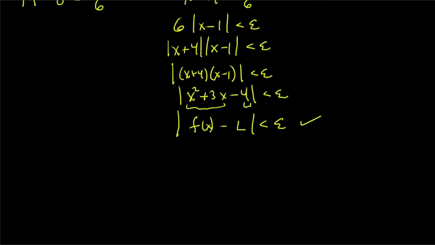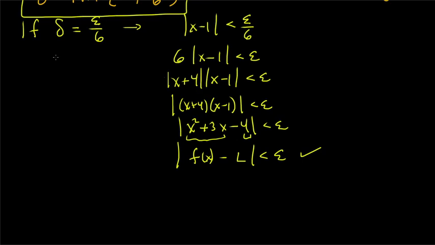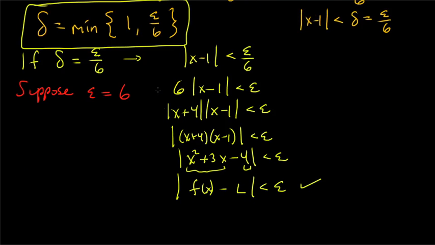Suppose epsilon is 6, which again is not that small of a number, but it's small enough. So in that case, delta is going to be the minimum of 1 or 1, so we know delta has to be 1.